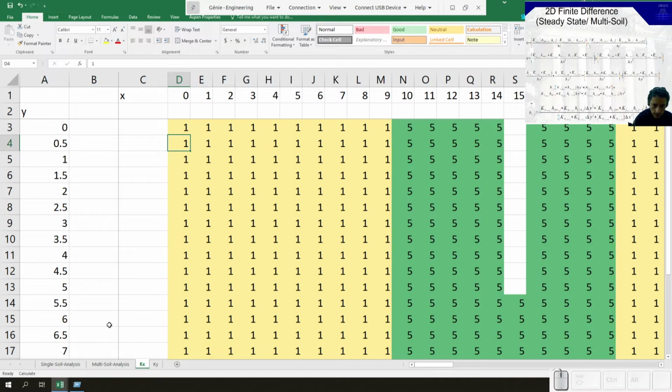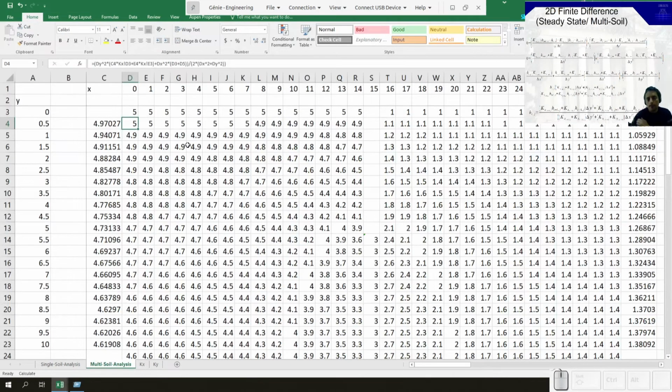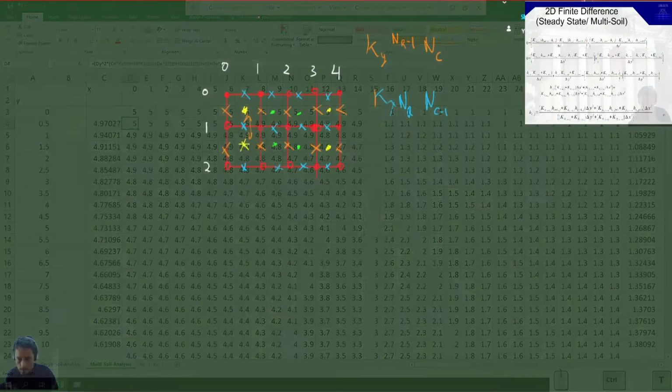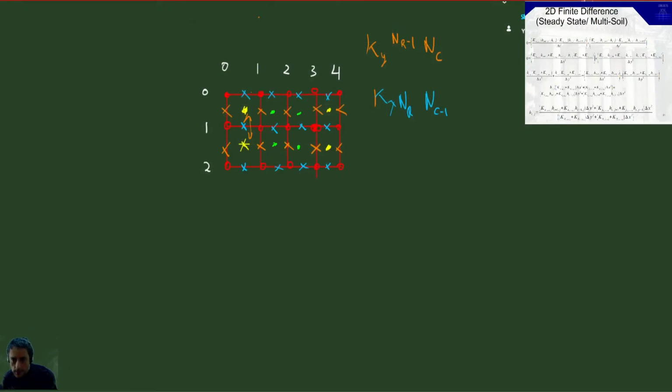Okay, so kx's, they're these values here, right?